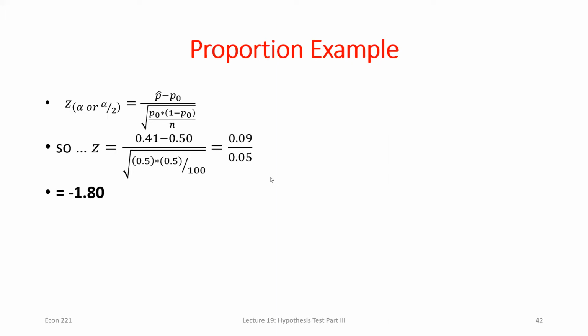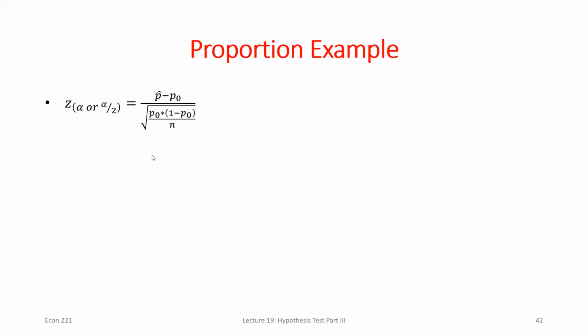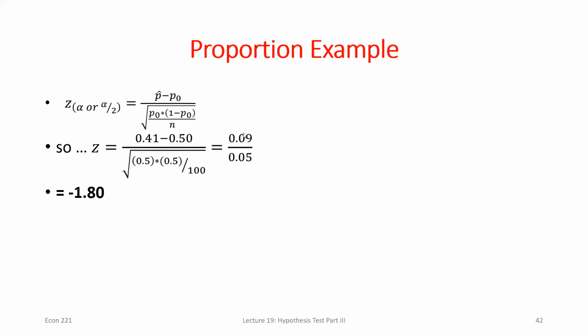Now, I found my critical values. I found my test statistic. What I want to do at this point, go back here so we remember. Here's our critical values, and here's our test statistic. So I'm just going to draw a standard normal distribution, and I'm going to plot those. Here's my standard normal distribution.